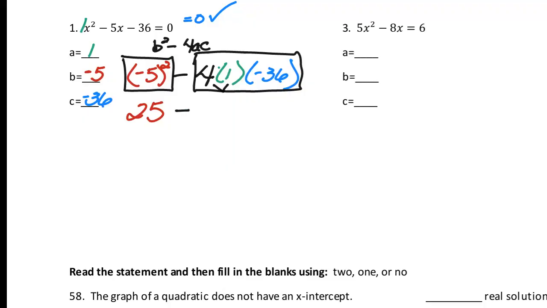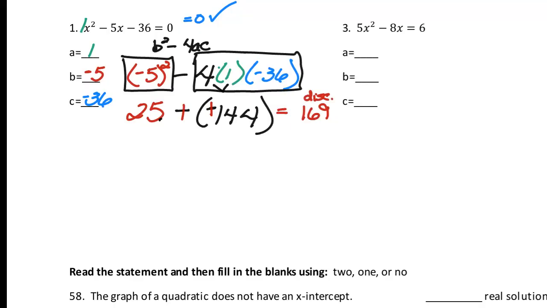Minus 4 times 1 is 4, and 4 times negative 36 is going to be a negative amount, and it's going to be negative 144. You cannot subtract a negative. You add the opposite. So this becomes adding the opposite. So now my discriminant is 169.